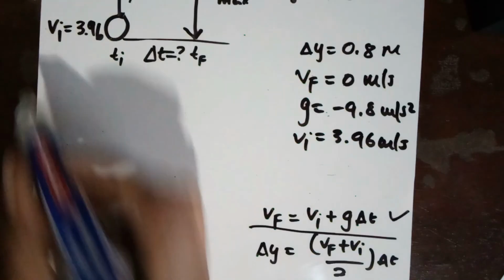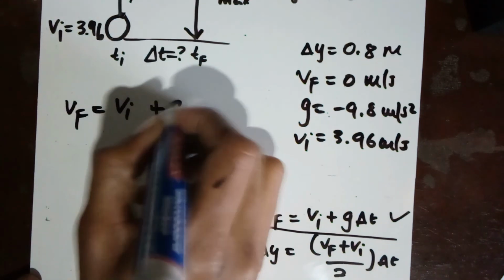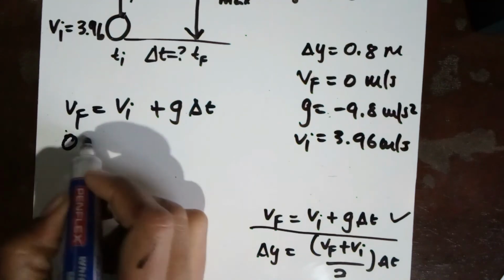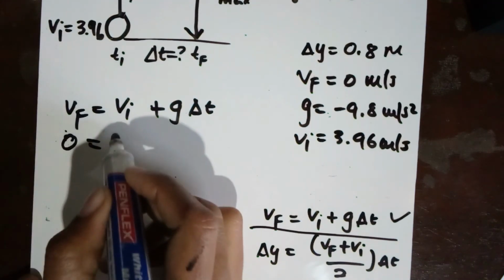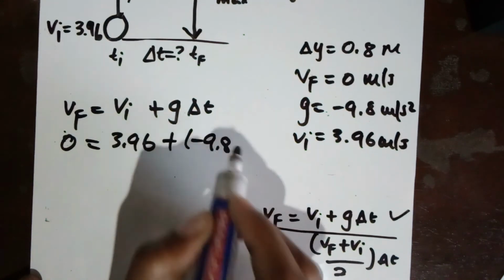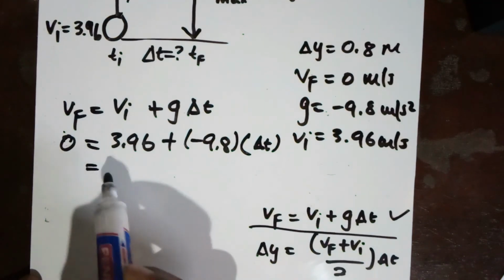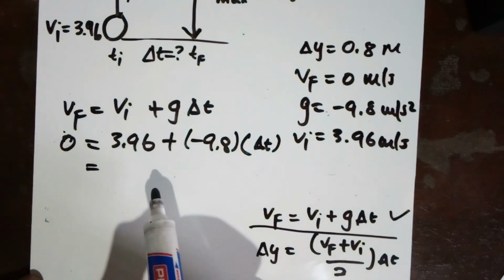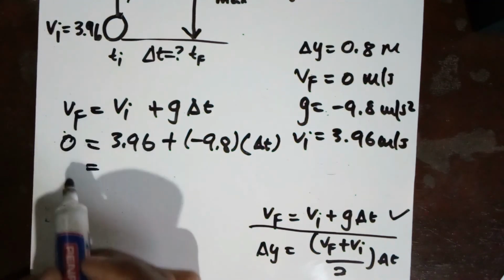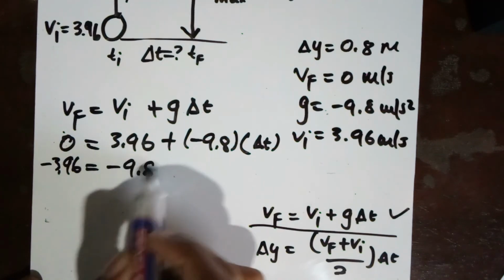Let us use Vf equals Vi plus g times the change in t. Vf is 0. Vi, we said, is 3.96, plus negative 9.8 times the change in t. Now it's a matter of taking this to the other side. It becomes negative 3.96, and we are left with negative 9.8 times the change in t.